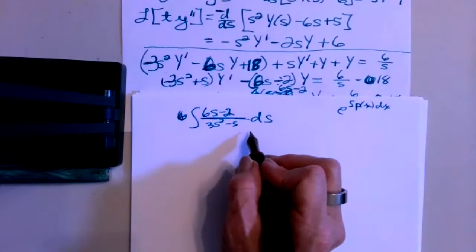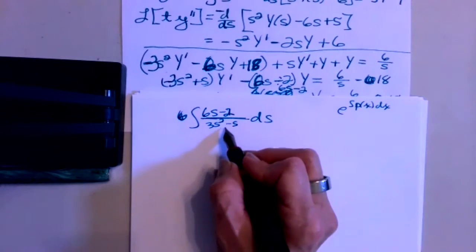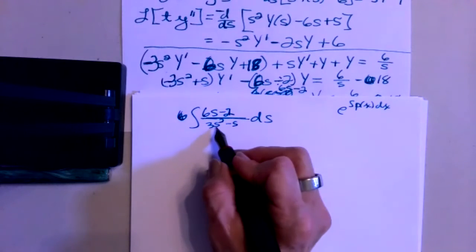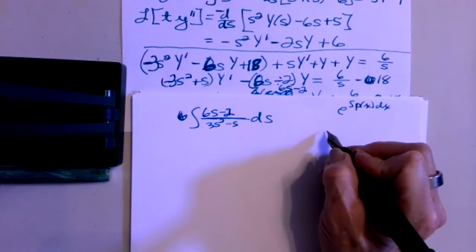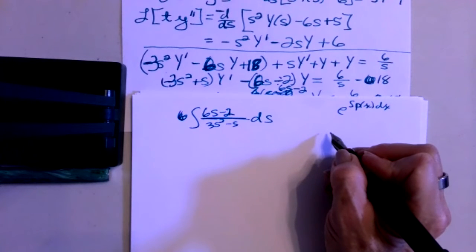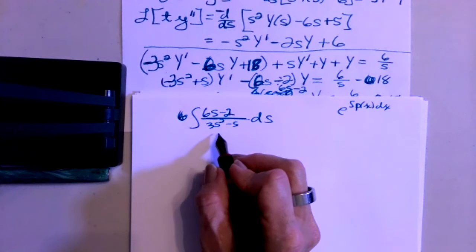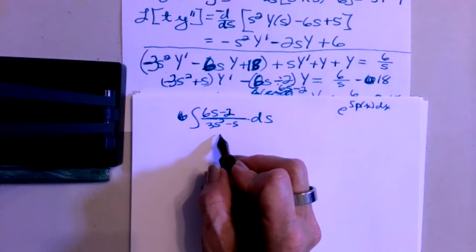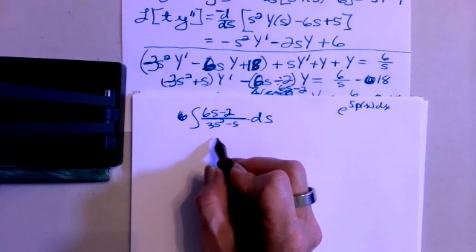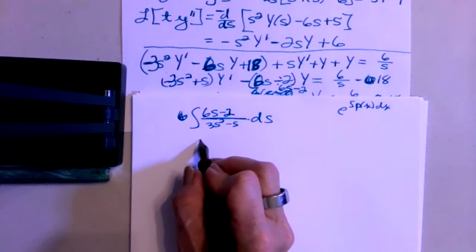All right, so let's see. When you do this, this is a 6. That's not going to be any better. Too bad. I guess we have to do a partial fraction decomposition. It doesn't look like you're going to be able to do anything better than that.